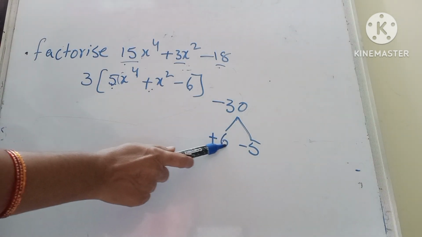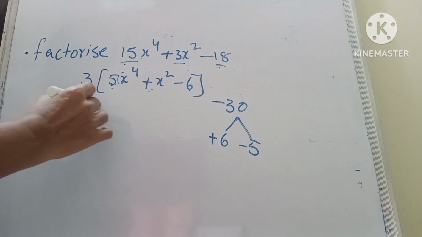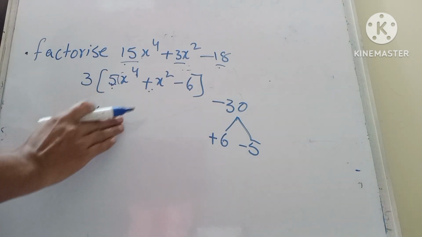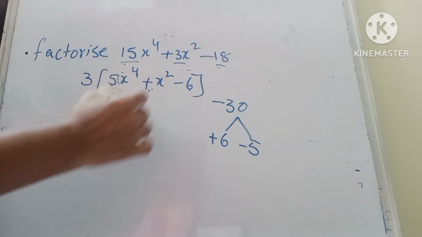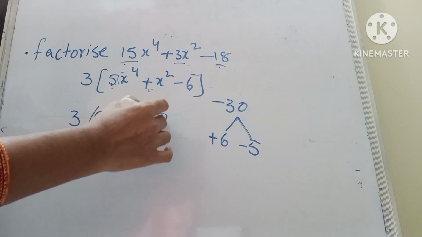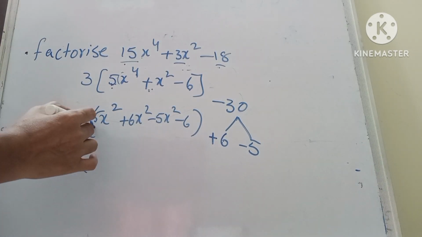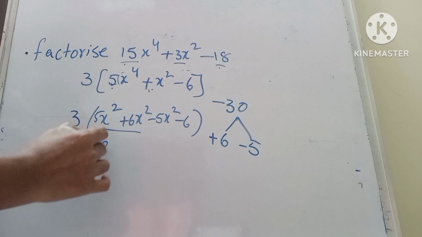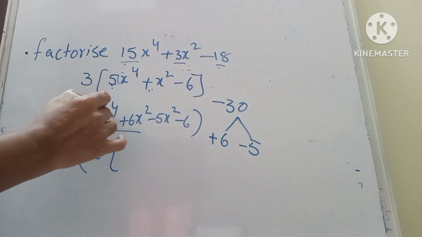Now does this give the sum plus 1 and product negative 30? Yes. So 3 into 15x to the power 4, plus x square can be written as plus 6x square minus 5x square minus 6. So 3 into the common factor in these two: x square is the common factor, sorry, x to the power 4.